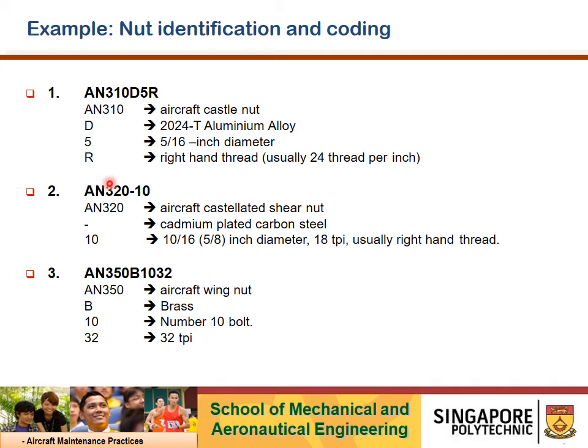So you can see that this number 10 refers to the size, and for this it is 10 over 16, which is imperial. The illustrated parts catalog of that particular aircraft manufacturer will dictate whether it's imperial or metric, so the user will not be confused.